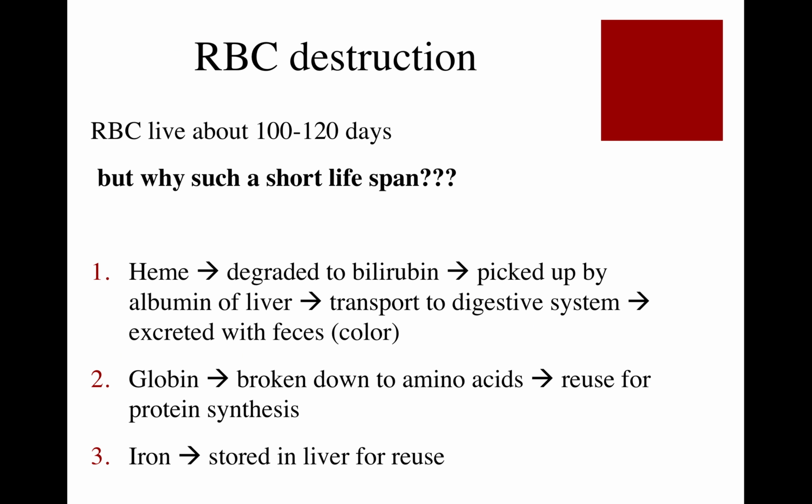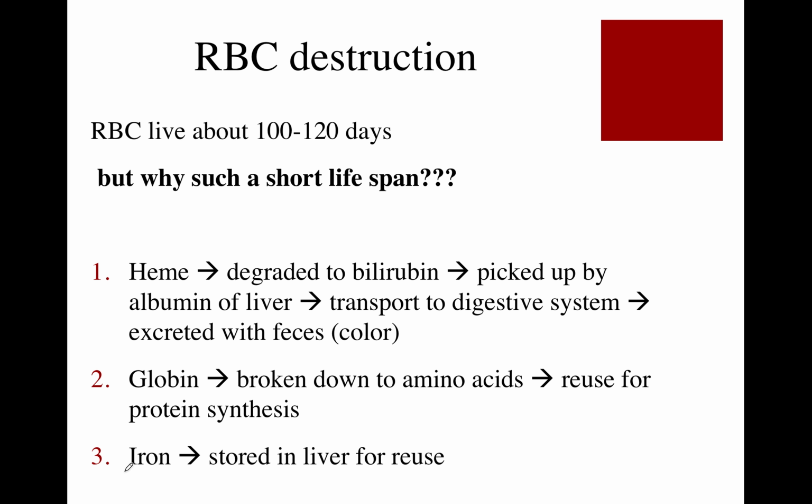Now, we also talked about earlier, in the last PowerPoint, we mentioned that red blood cells do live a short life, about 100 to 120 days, because of absence of nucleus and organelles and inability to fix or repair themselves.